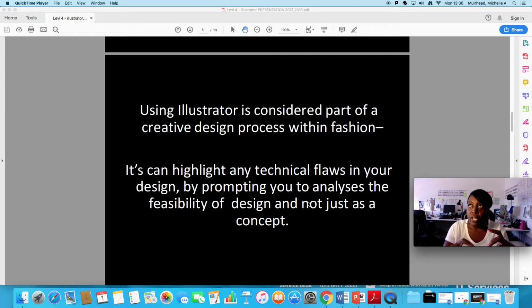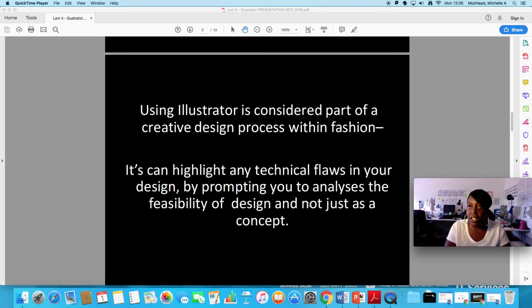So it's really good because instead of looking at your design as, not being condescending, a pretty picture, it now becomes something that you need to analyze and see, is this design feasible? Can it be made? Can it be manufactured? Is it just a concept, an idea? Or actually, can this be made?